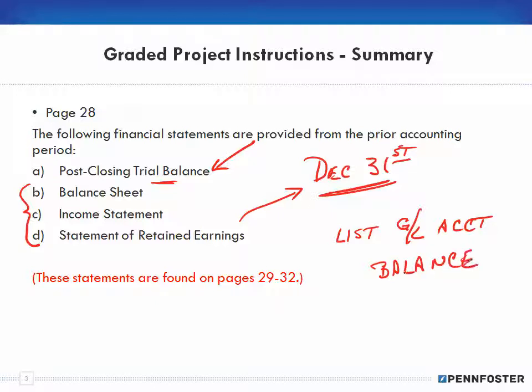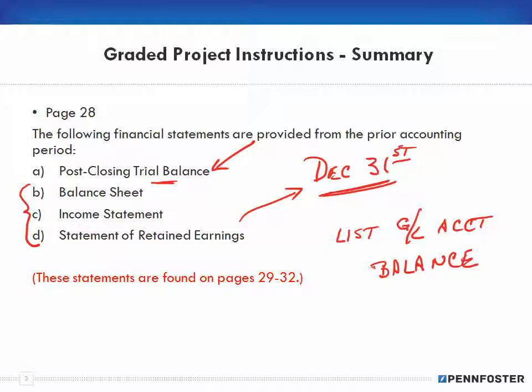Okay, so when you're looking at your December 31st post-closing trial balance, yes, your cash business checking account has a balance of $20,500 as of December 31st. Your accounts receivable has a zero balance. Okay? Your prepaid rent has a zero balance.